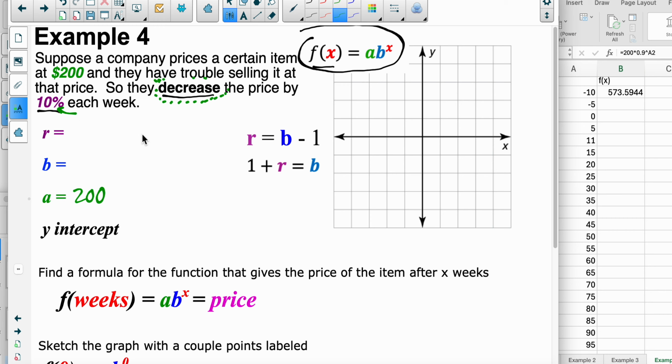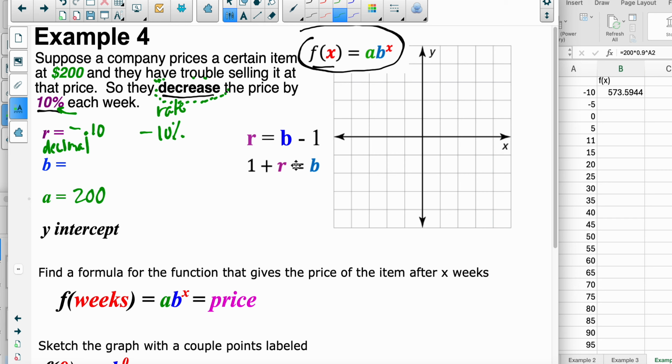So the rate is negative 10%. But when I write my equation, I don't write it as a percentage, I write it as a decimal. So I have to write r as a decimal. I'm going to move the decimal place to the left 2 places. This is negative 0.10, my rate.